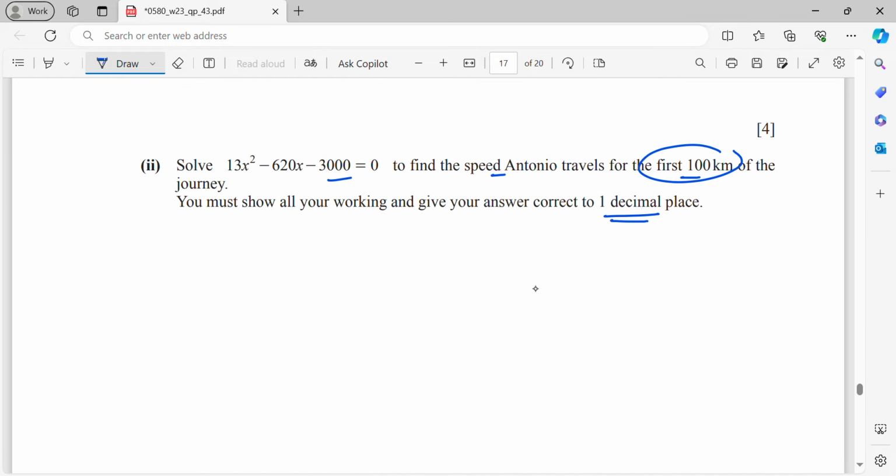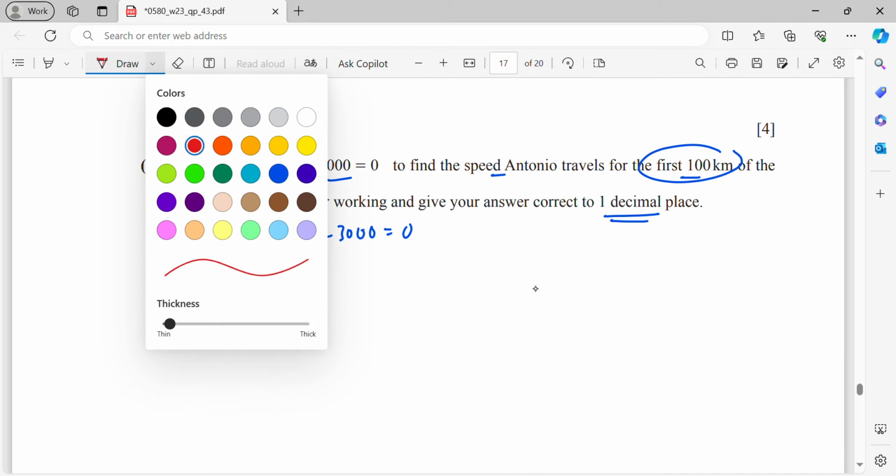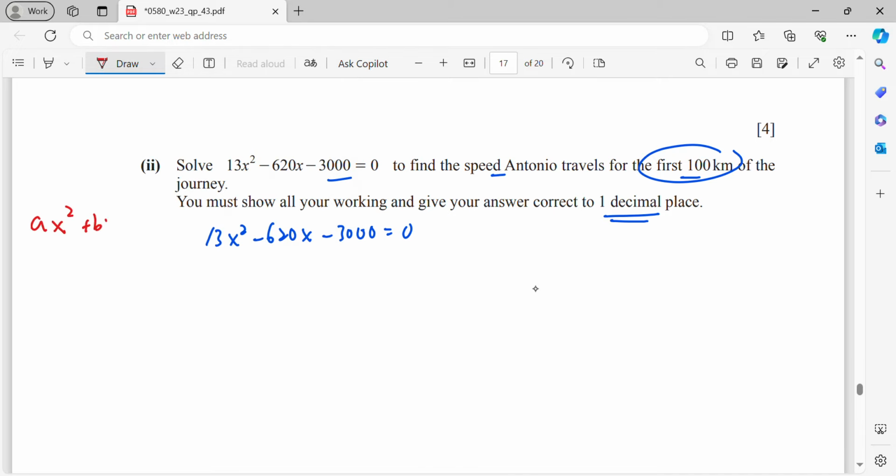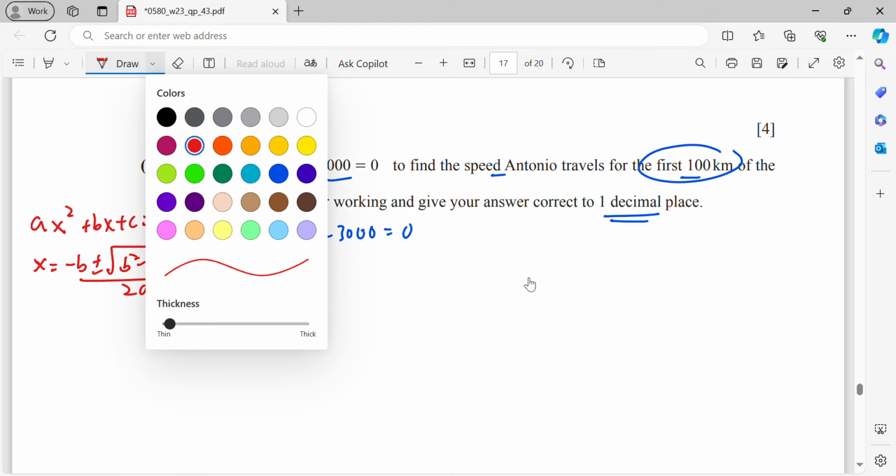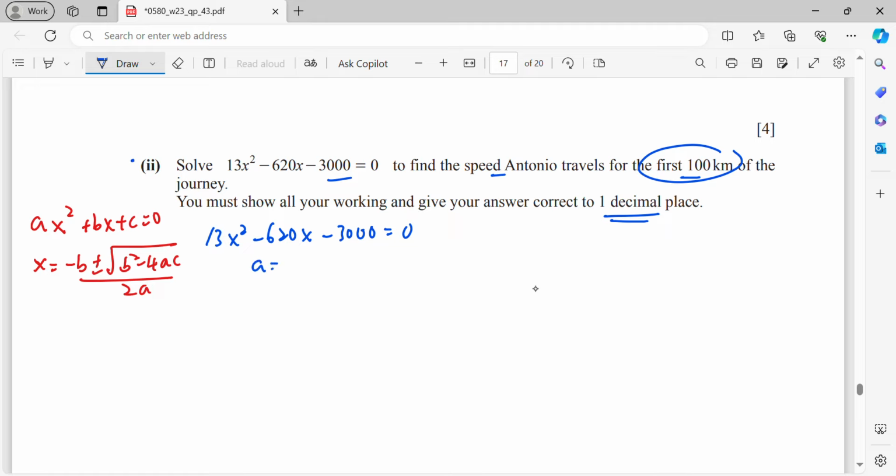So now, to solve this quadratic equation, okay, you need to refer to the quadratic formula. ax squared plus bx plus c equals 0. Your x will be minus b plus minus square root of b squared minus 4ac over 2a. So now I will write down my a first. a is 13, b is negative 620, c is negative 3000.